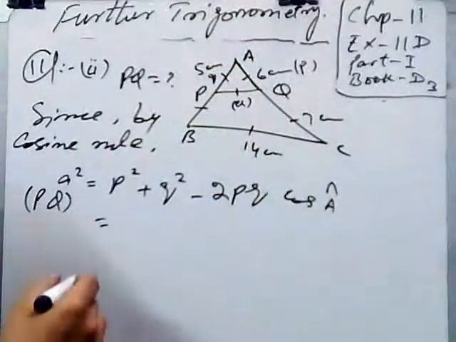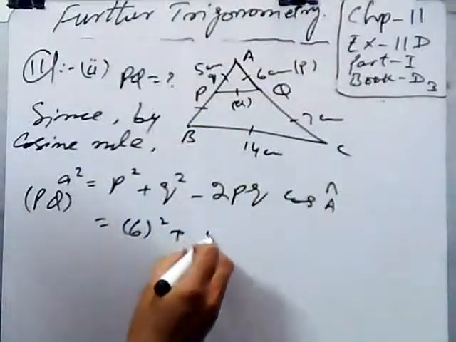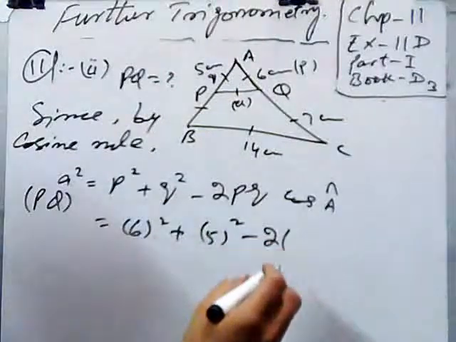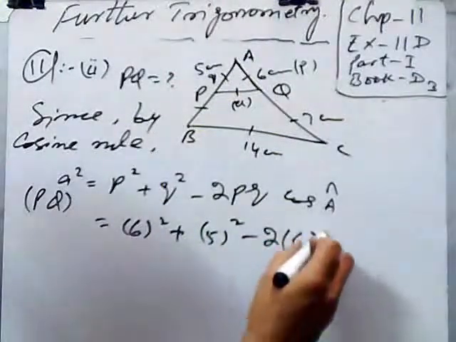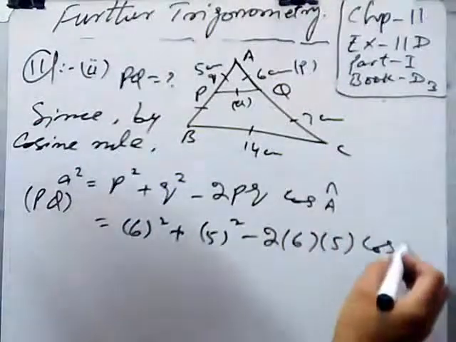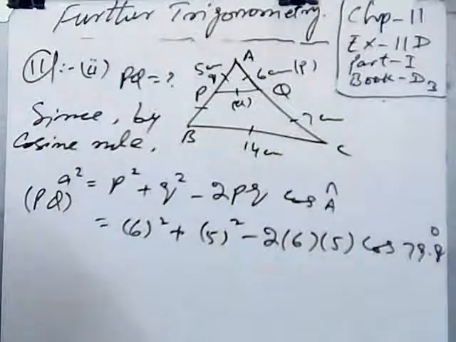Now putting the values, you have 6 squared, that is 6, Q is 5, minus 2 times 6 times 5 times cos A, that is just what we have calculated, 79.8.